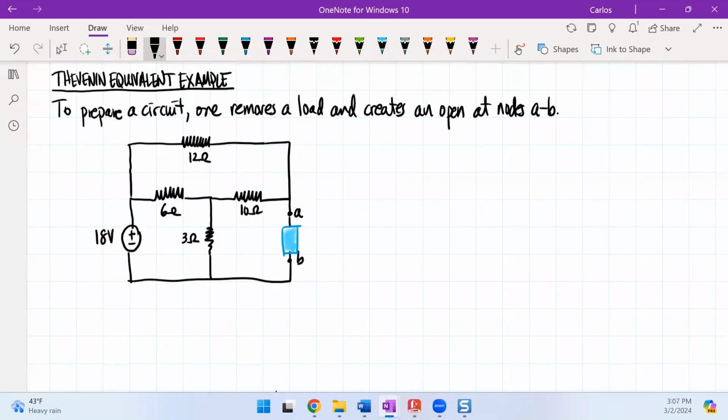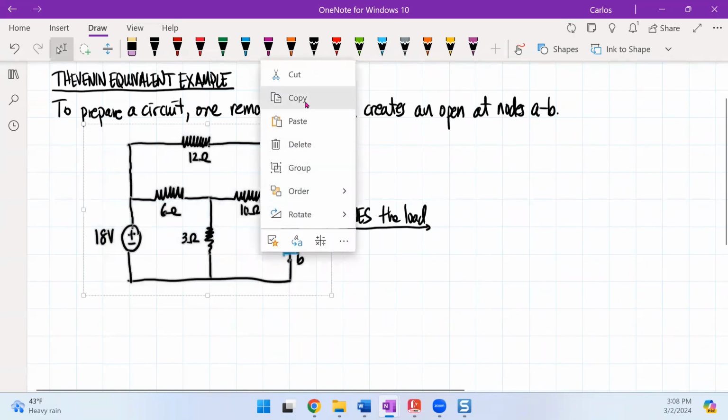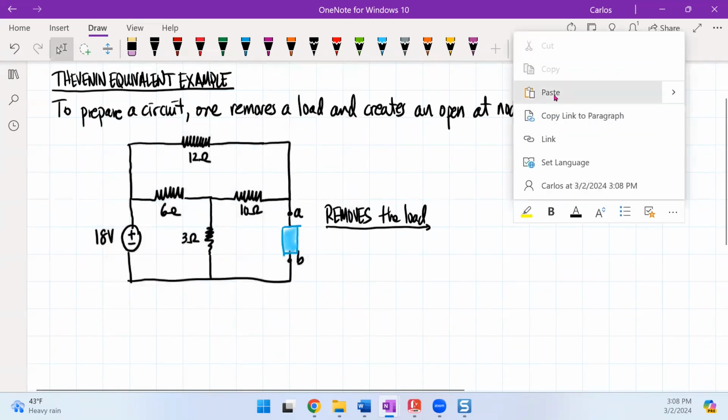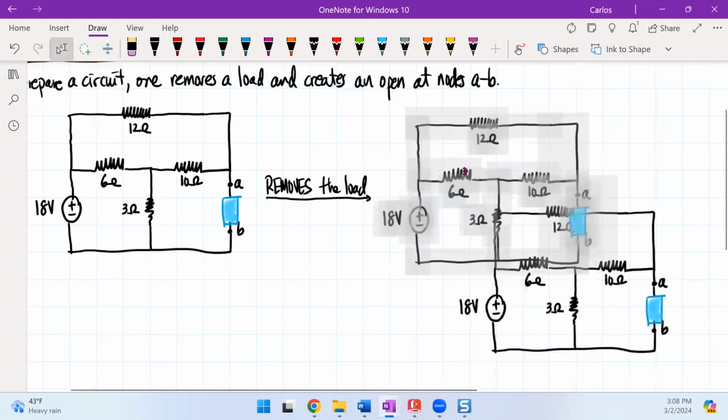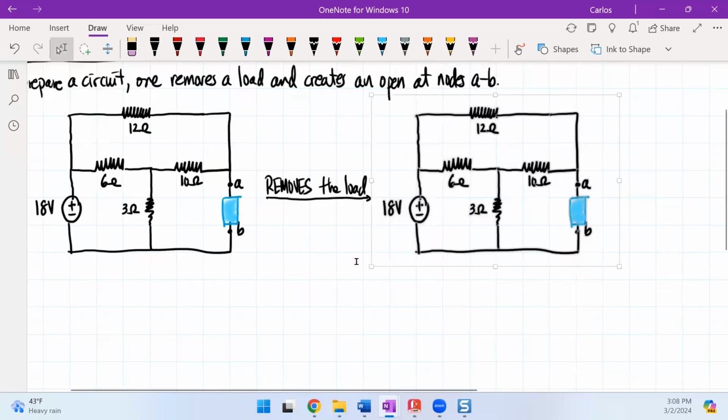So now one removes the load. When you remove the load, if I just copy the circuit and place it over here, this is what the circuit looks like after we remove the load.